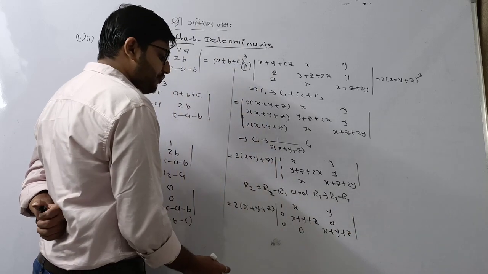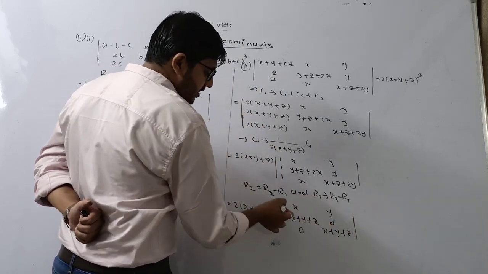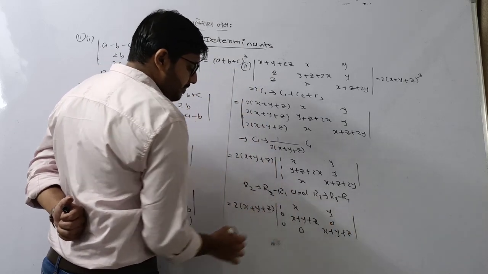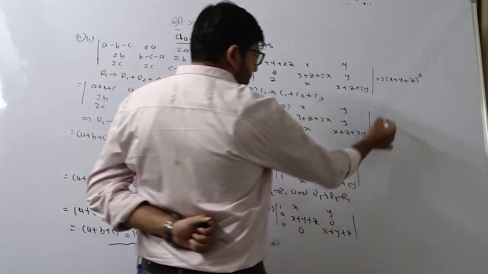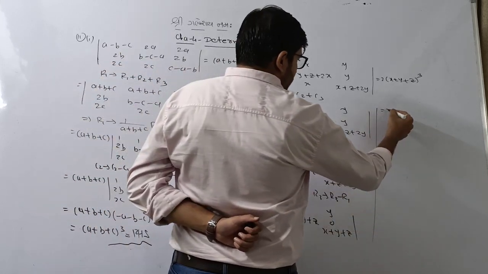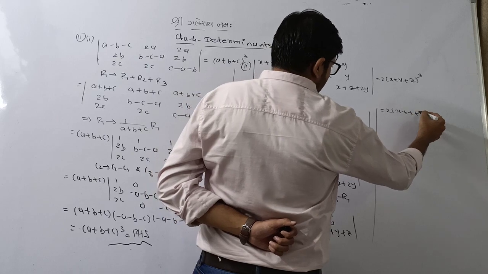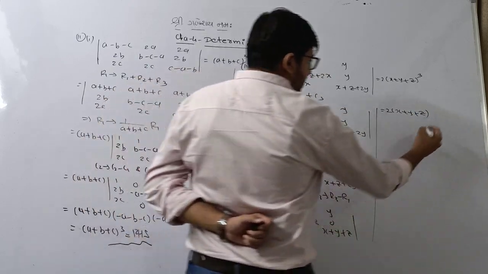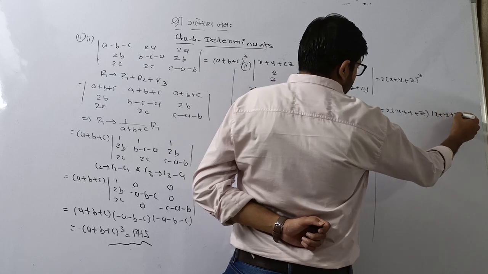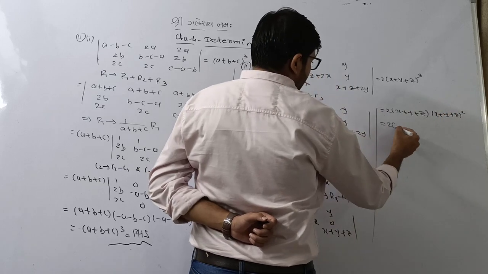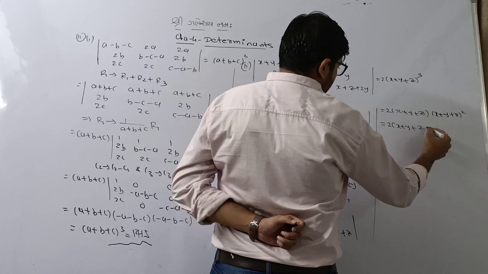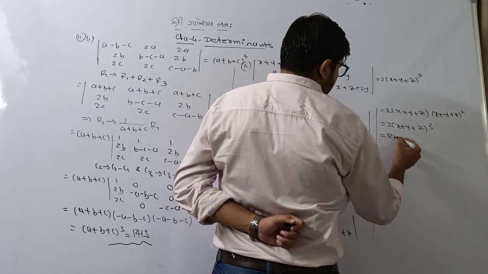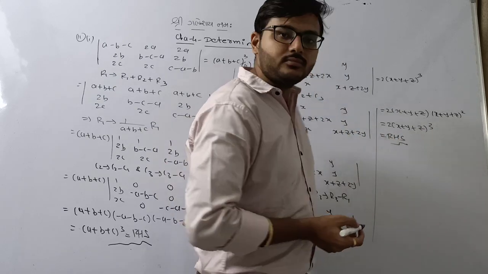And now again it's the form of an upper triangular determinant, right? So the product of principal diagonal elements will give us 2 times x plus y plus z into 1 into x plus y plus z into x plus y plus z, that is x plus y plus z whole square. Hence your final answer will be 2 times x plus y plus z whole cube, which is equal to the RHS.